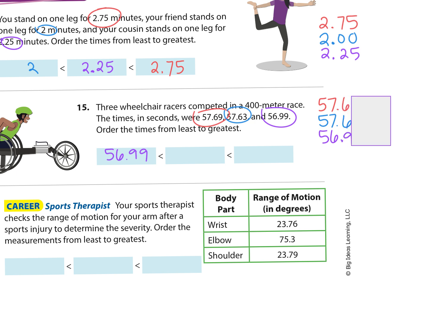So I'm going to look at the 10th place. Between the red and the blue, can I tell which one goes next? No. Not until I get to the very last digit. Which one goes second? The blue. 57 and 63 hundredths. And then the last one should be 57 and 69 hundredths. Good.